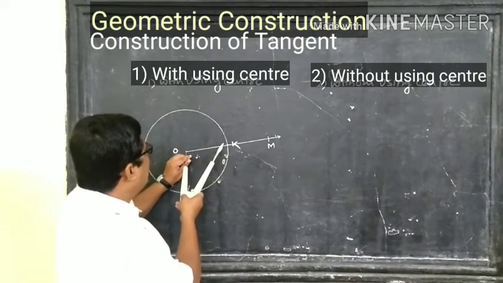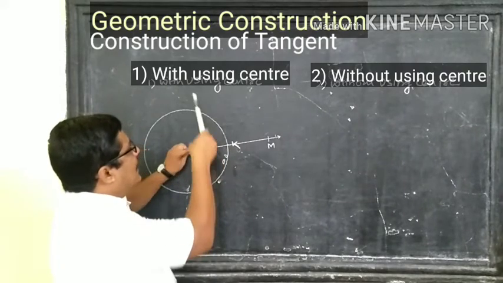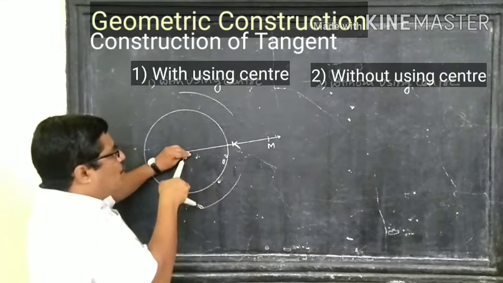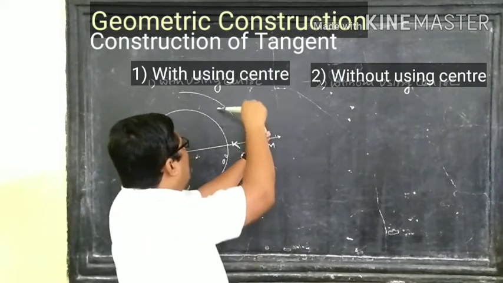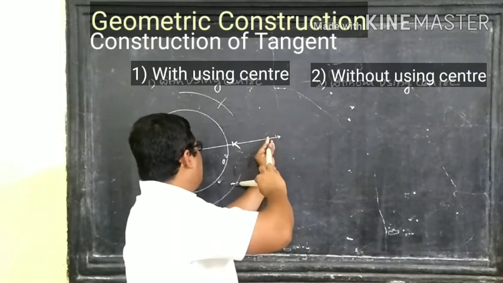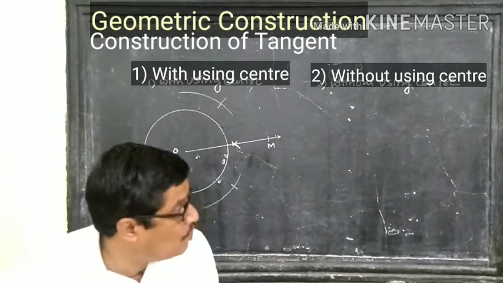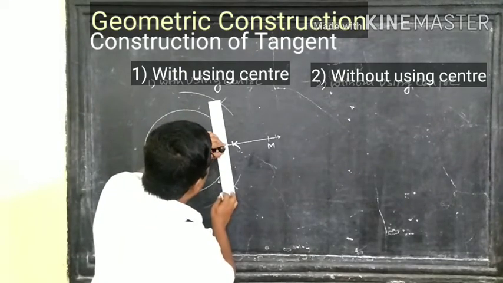Therefore here we have to draw a perpendicular bisector construction. For that, the steps we know: take more than half distance as radius, draw arcs on both sides of segment OM in this way, intersect it from the other point, and after that we have to draw a line passing through these two points of intersection.